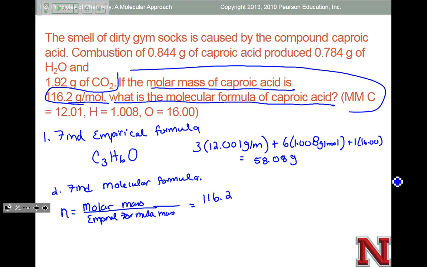So our molar mass was given to us. That gives us a whole number of 2. So to find our molecular formula, we just multiply our empirical formula by 2.